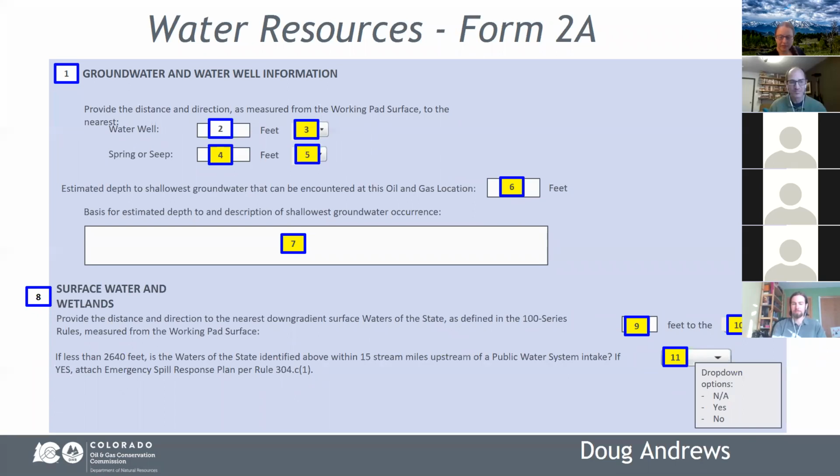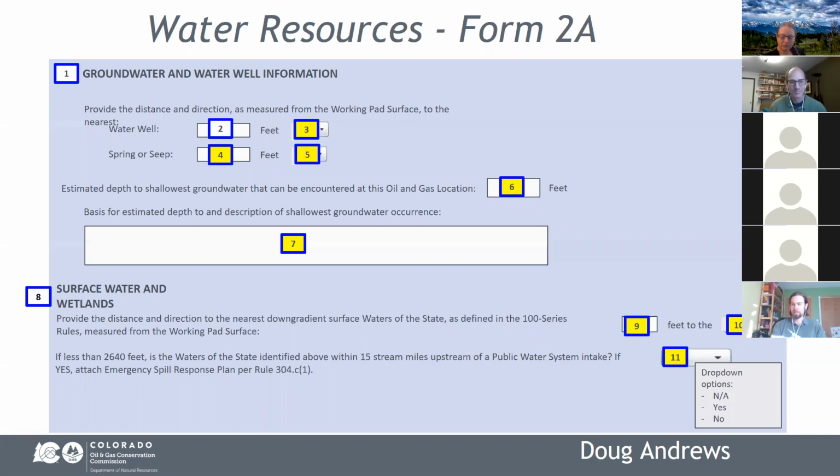In data field 11, if there's a water of the state that is less than a half a mile, you need to determine if it is within 15 stream miles upstream of a public water system intake. Then if yes, you have to attach some additional things. So this is just an NA, a yes or no question.